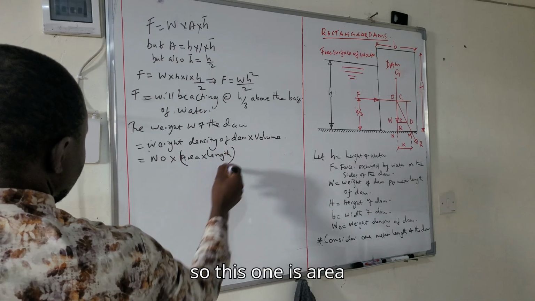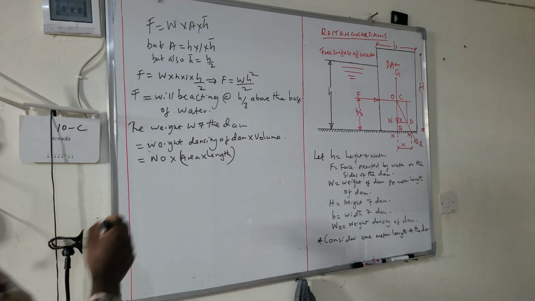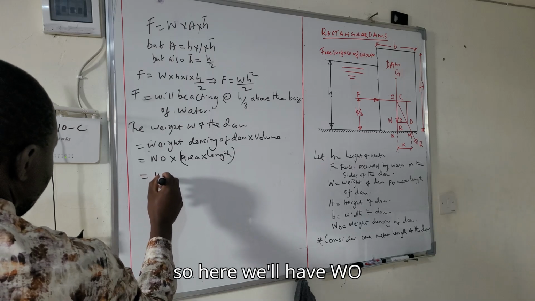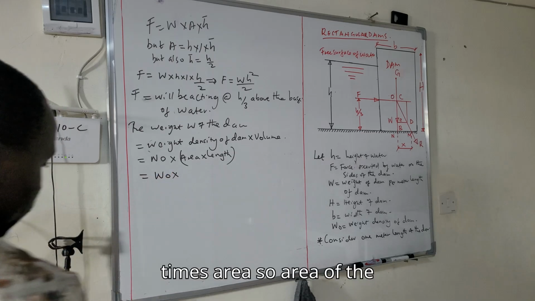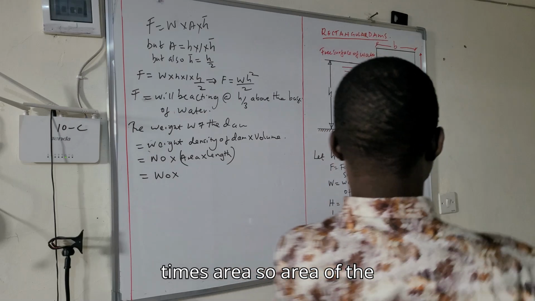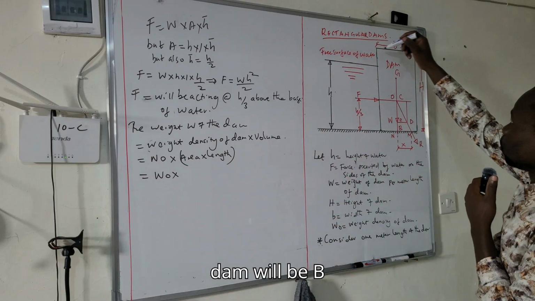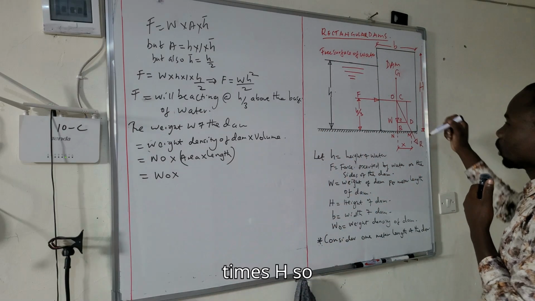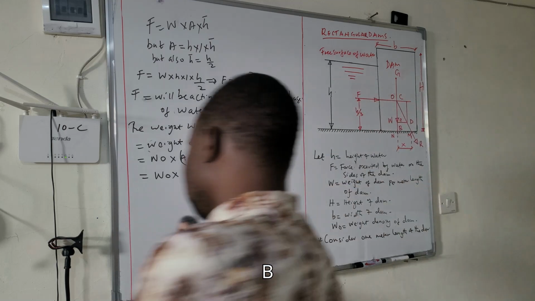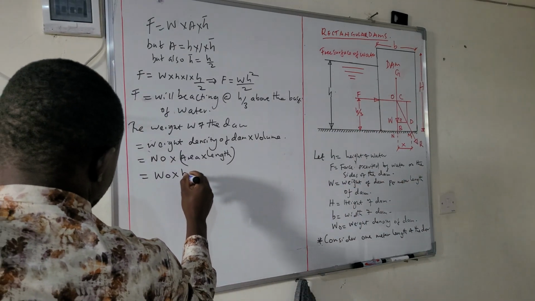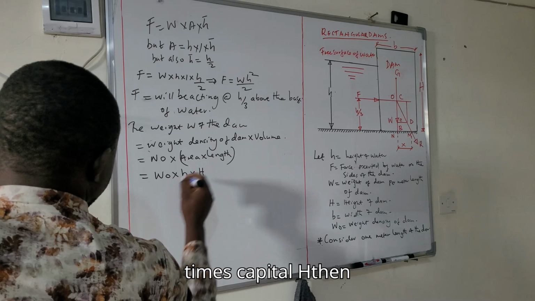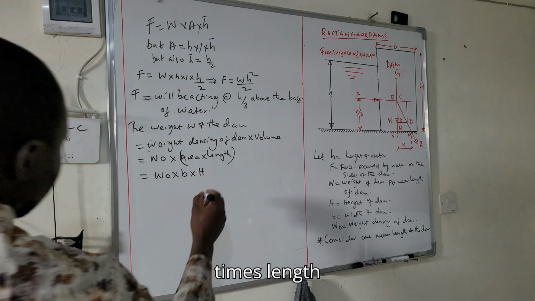The area of the dam will be B times capital H, then times length.